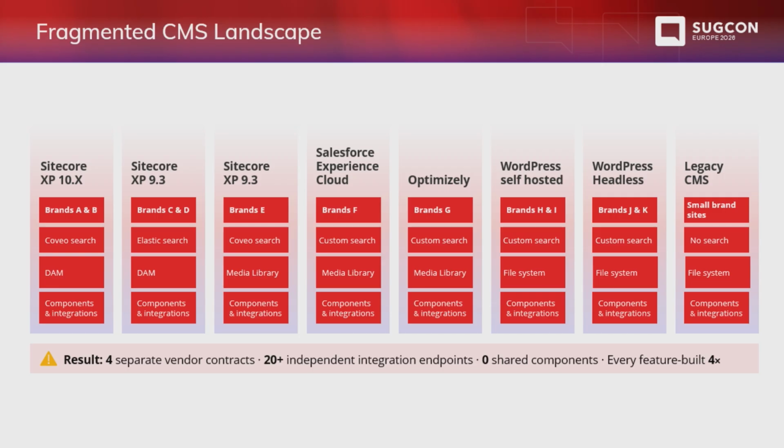A few were using Content Hub DAM, a few using Optimizely DAM, and a few using no DAM, with file system based hosting. Again, components and integrations were duplicated across all these platforms. That's the architecture, and they had 4 separate vendors to implement this, and internal teams to maintain it, which is complicated to maintain and has a cost associated with it.